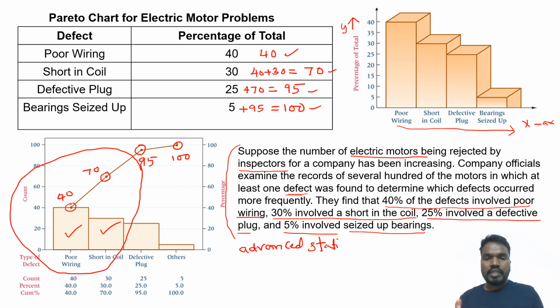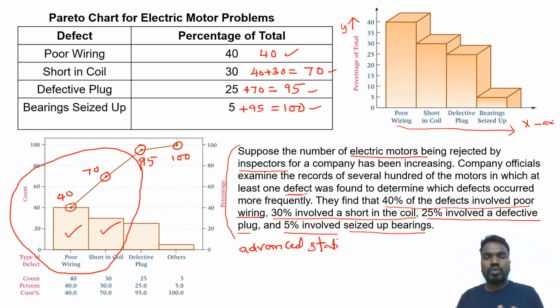So maybe in the next session or one extra session, I will do this: we know how to draw pie charts, bar graphs and Pareto charts, but when you move to the advanced level of statistics, we don't generally draw these charts using graph paper or pen and paper. We try to use Excel, right?